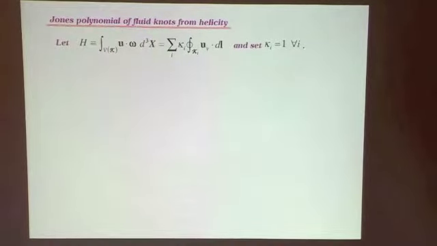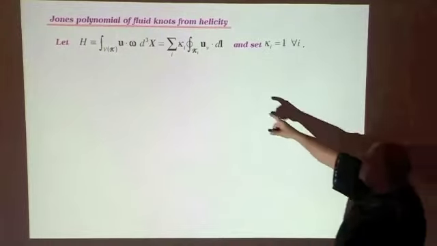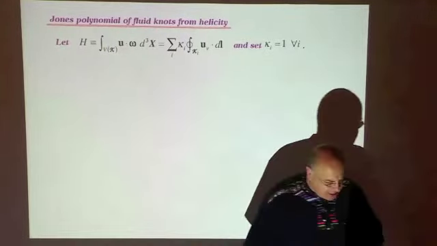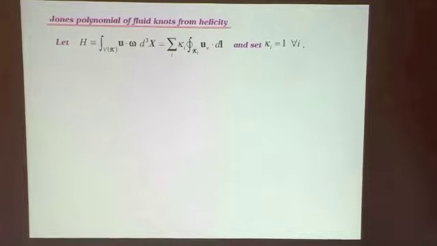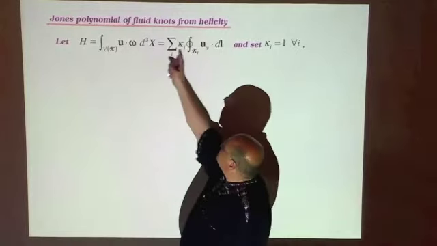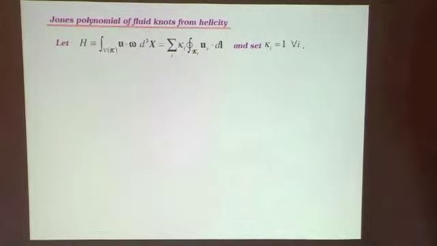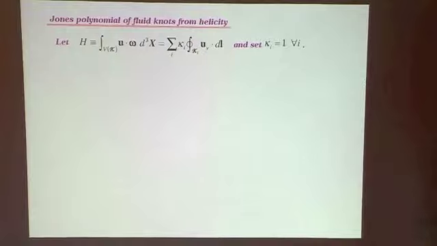Okay, well, since Vaughan was so kind to come, I had to talk about this. The relationship with Jones polynomials is quite recent work. Here we refer to helicity in this form. Suppose that vorticity is just along the tangent direction, so it's basically the tangent to the curve, and velocity is just, say, the LIA contribution, or also Biot-Savart, it doesn't matter.